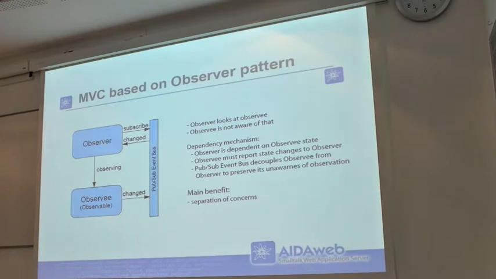Okay, MVC, as we said, is based on the observer pattern. So we have an observer who is observing an observee or observable. But the observee does not know about the observer, so you don't have a backlink back to the observer. This is the main part of the observer pattern. Another one is that we have a dependency mechanism. So changes of the observee are published back to all observers.